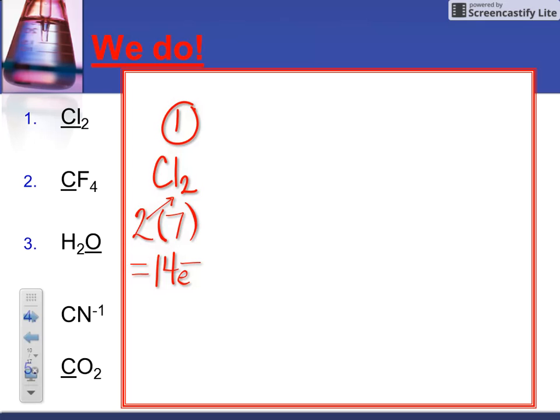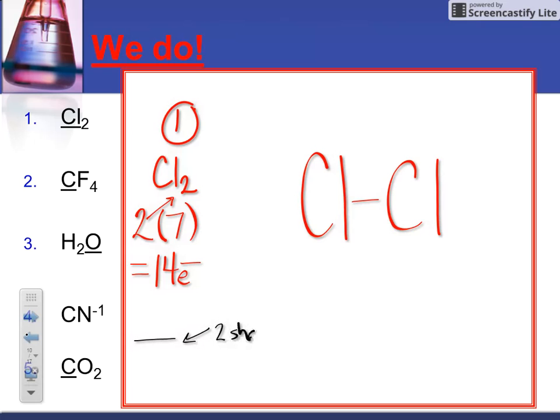So the next thing said, connect everything with a dashed line, a single bond. There's 2 chlorines, so I'm going to put Cl dash Cl. Now remember, we said in class that a single bond represents 2 shared electrons.